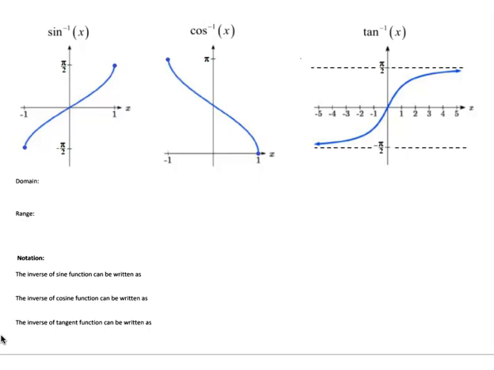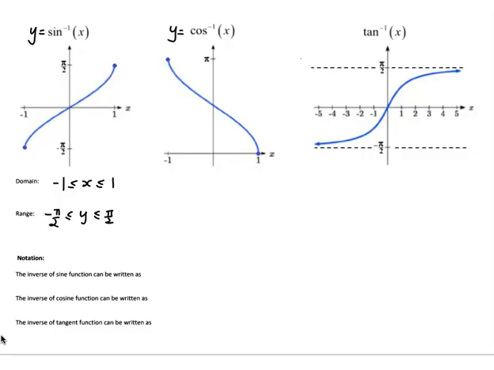What we're going to look at now is the domain and the range of the inverse functions. For the domain of the inverse sine function, x is between 1 and negative 1 inclusive, and the range, let's say y, is between pi on 2 and negative pi on 2.